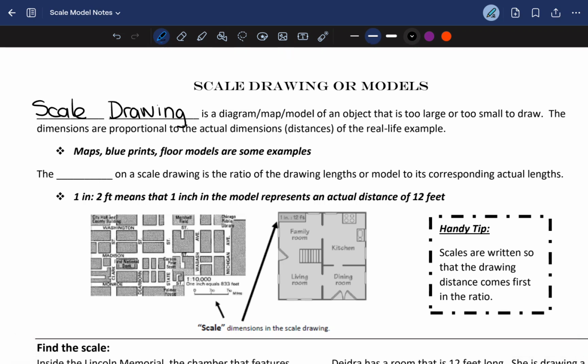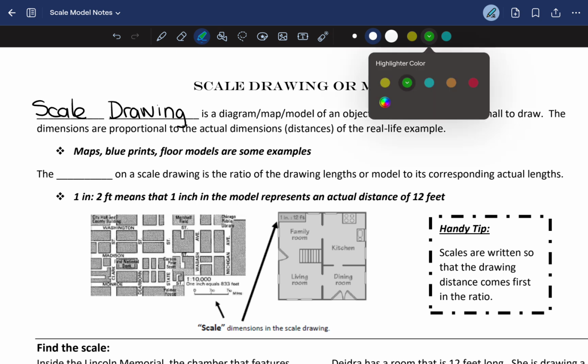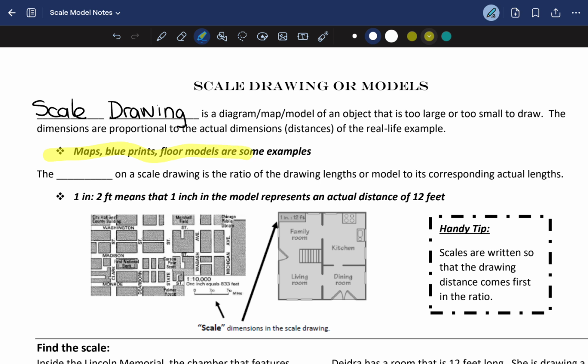The dimensions are proportional to the actual dimensions or distances of the real life example. Some examples of when you'll see this in real life would be maps, blueprints if you build a house, or floor models. You'll see floor models when you shop around for apartments because you'll want to know how much am I paying per square foot.